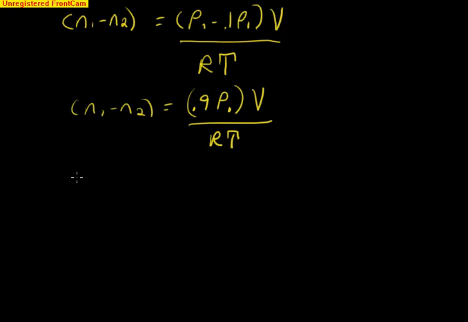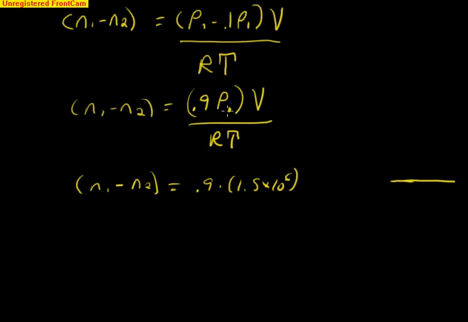And let's start plugging in some numbers now. So your original amount of kilomoles minus this amount of kilomoles is equal to 0.9 times 1.5 times 10 to the 6. And let's go ahead and do our dimensional analysis over here. I always like to do that.